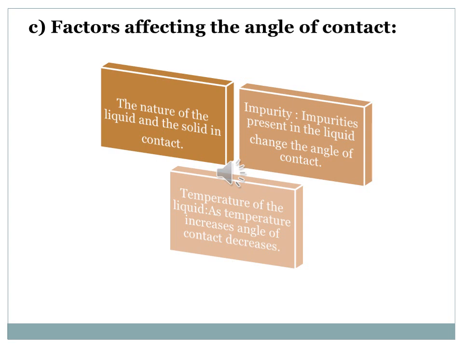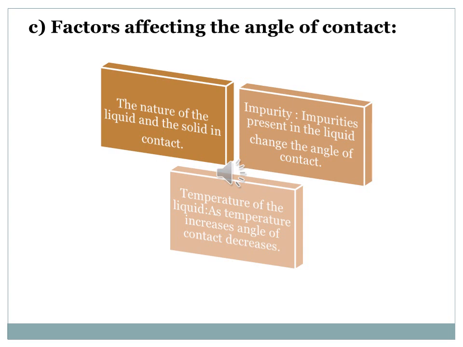So in this case, it affects the force of cohesion as well as the force of adhesion. Force of cohesion becomes lesser when we add detergent to the liquid surface, so it affects the angle of contact again.